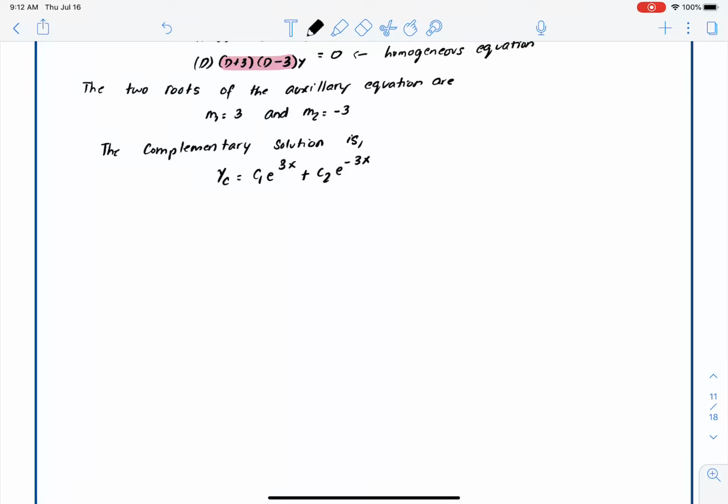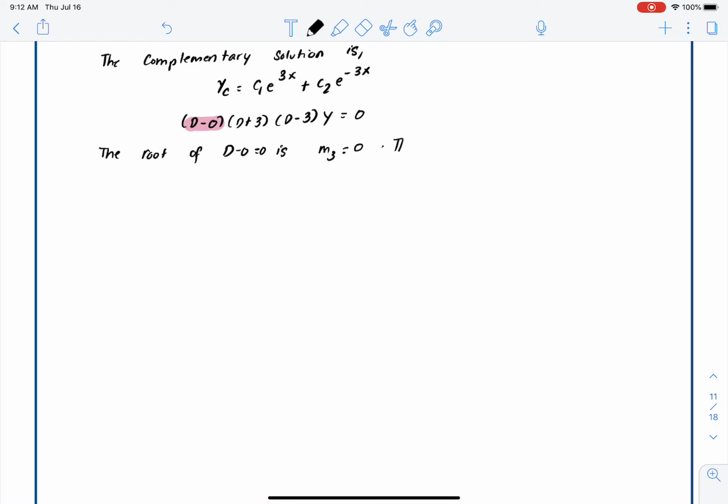So I could write the homogeneous equation after annihilation as d minus 0, d plus 3, times d minus 3, y equals 0. So now I'm going to look at that part, and I know the root of that, I'll call it m3, is simply 0.